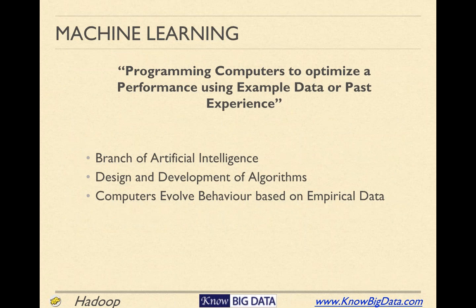All right, so what exactly is machine learning? Machine learning is programming computers to optimize the performance using example data or past experience. In very simple words, if I give you two data points x and y, or an Excel sheet containing x and y, two things. Because of the temperature outside my room, the temperature inside my room was this.